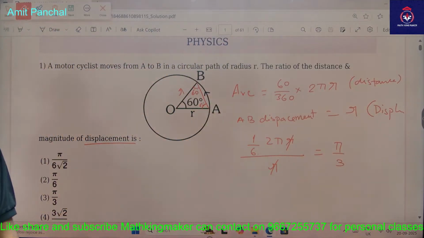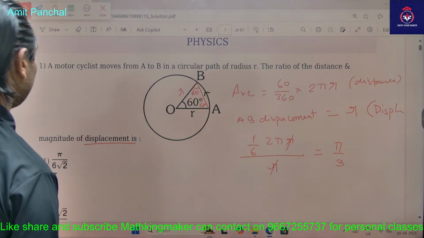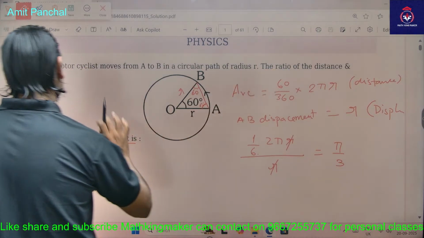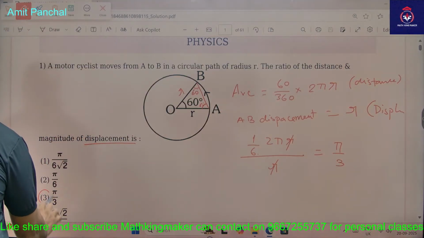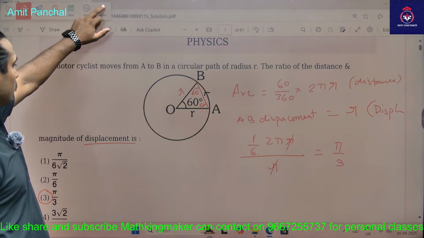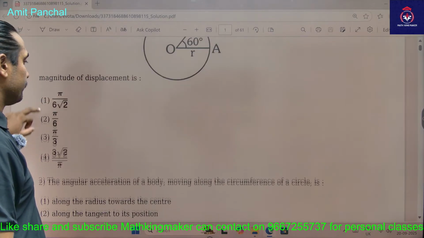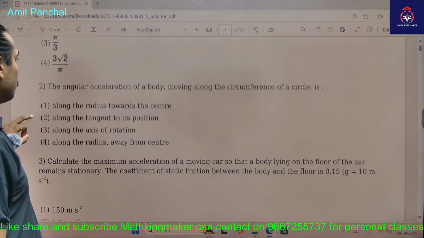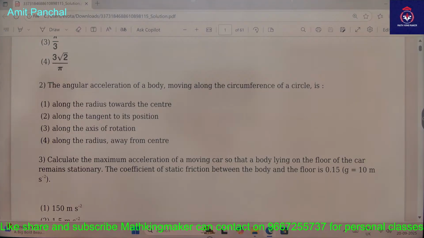That is the ratio of distance and displacement. Got it? Okay. Should we move forward? Yes. Is there any doubt in this question? No. Okay, third one.